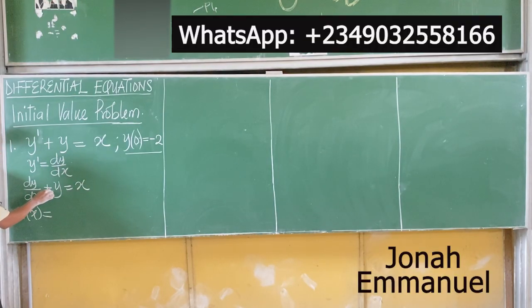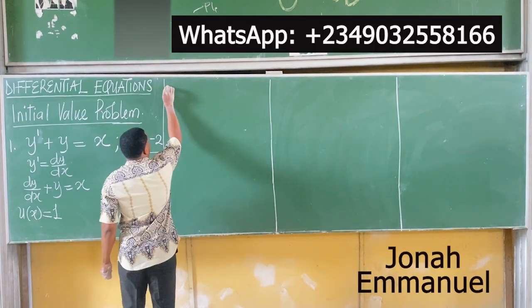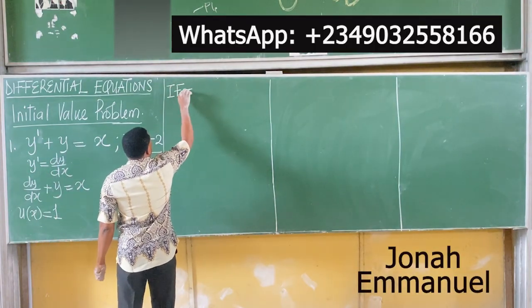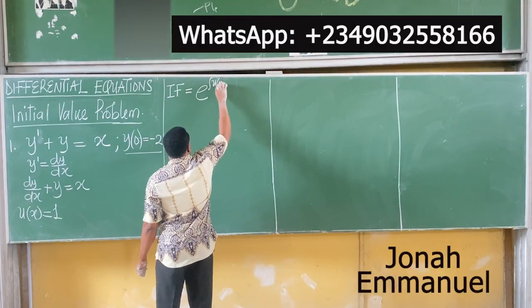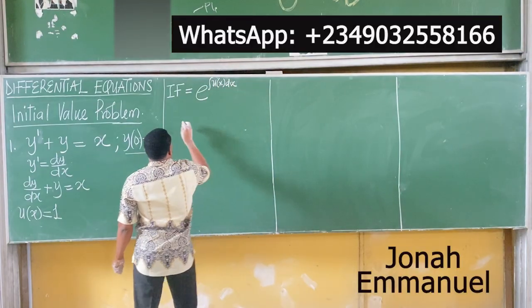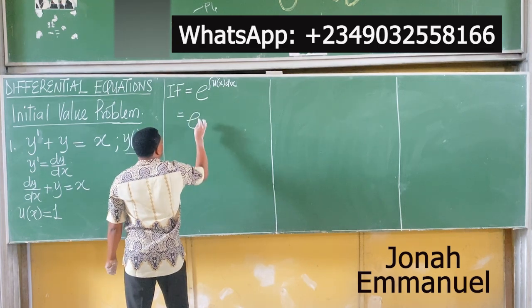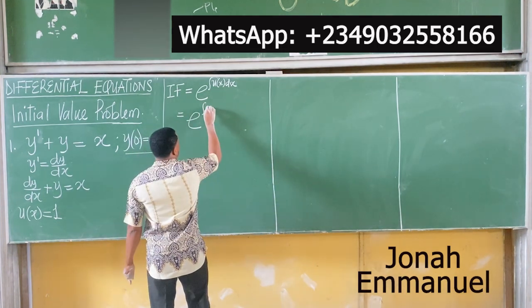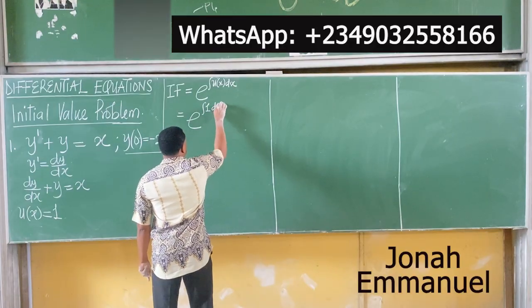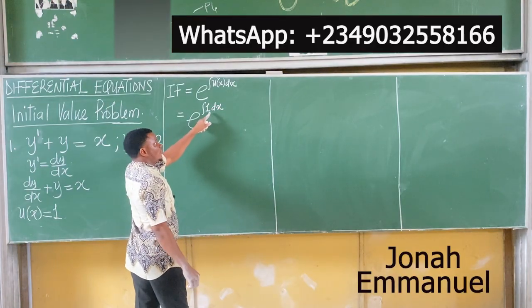What's the coefficient of y here? 1. So the integrating factor would always be equal to exponential integral of u of x dx, and this is equal to exponential integral of 1 dx.